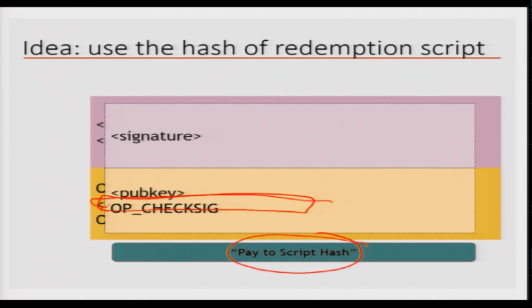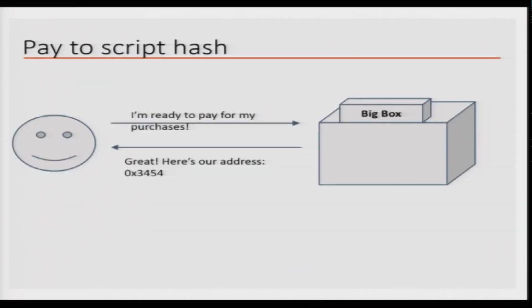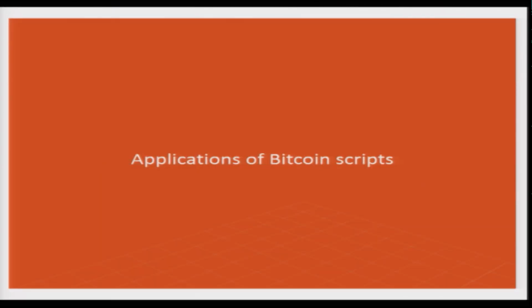So, that is all that there is to this pay to script hash. When you are ready to pay, these guys give you basically a hash value as an address, you use that, and that is what the pay to script hash means.